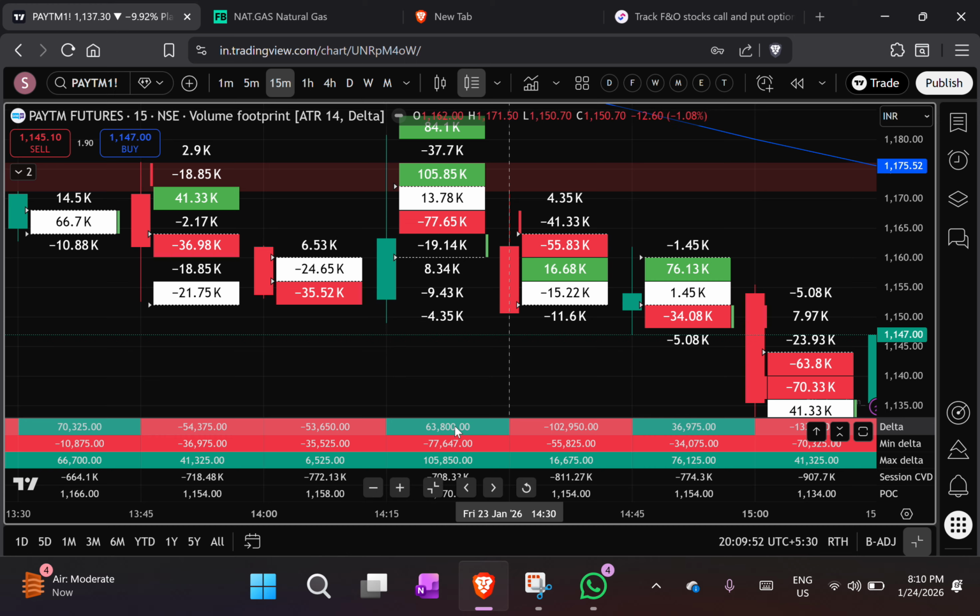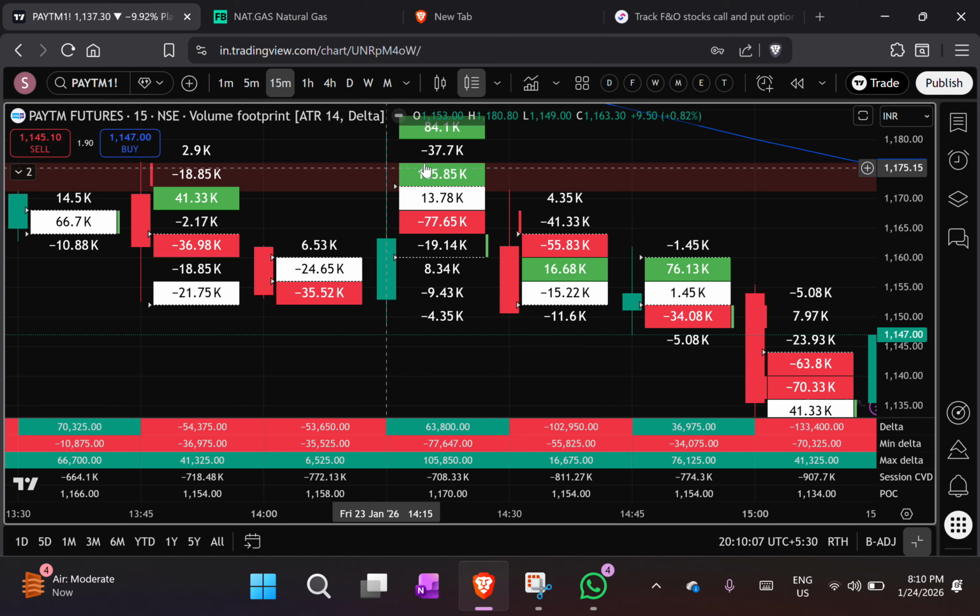So minus 63,000 total delta of buyers aggressively doing the contracts, and suddenly it changed to 102,950, that is 1 lakh 2,950. So what is this candle clearly telling? Whoever were buyers suddenly turned into sellers now again, or maybe fresh sellers entered in this particular candle.